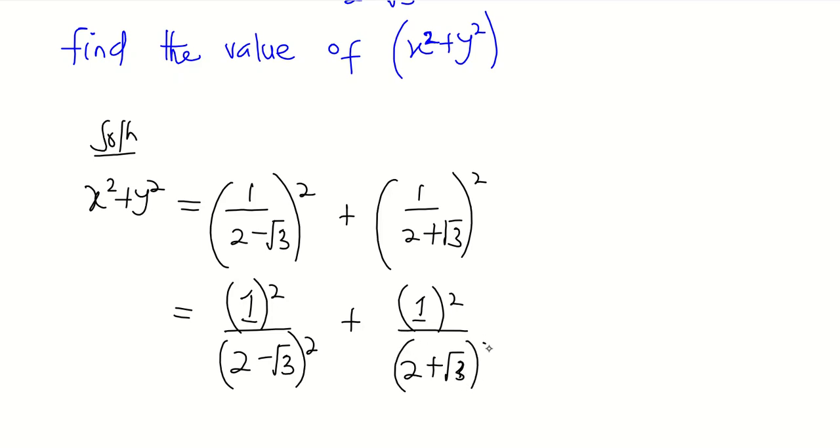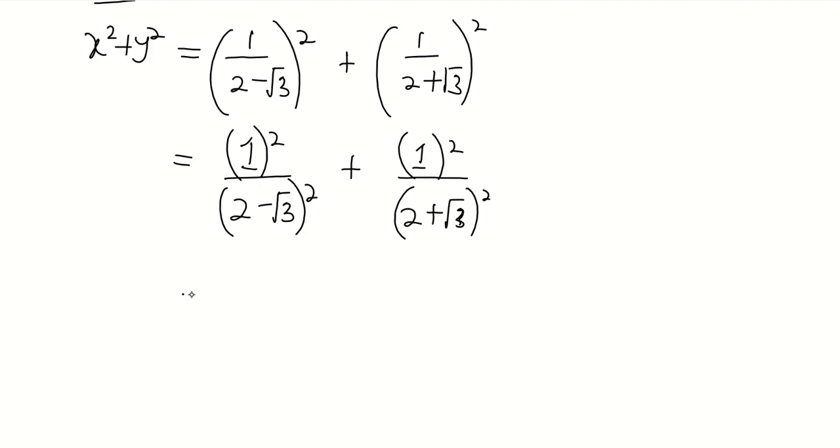Now you have to simplify, and this will lead to 1 squared is 1, and 2 minus square root of 3 all squared means that 2 minus square root of 3 is being multiplied by itself twice. So we have 2 minus square root of 3 multiplied by 2 minus square root of 3.